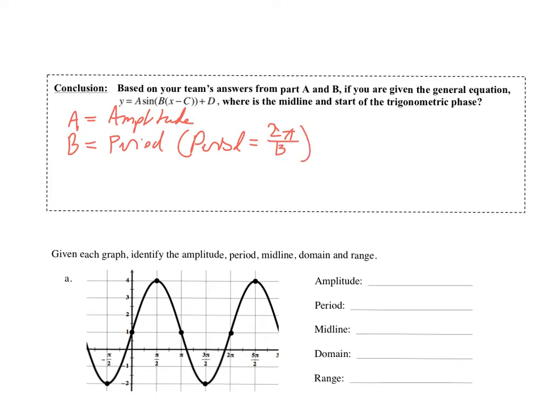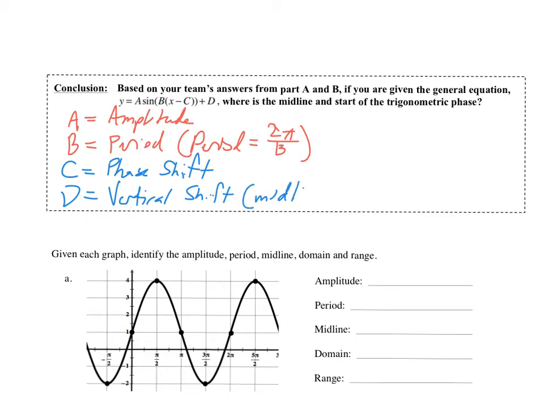And today we learned about C. C equals our phase shift. And D is going to equal our vertical shift, but our midline is always going to be at y equals D. And similarly with our phase shift, we're going to start at x equals c.